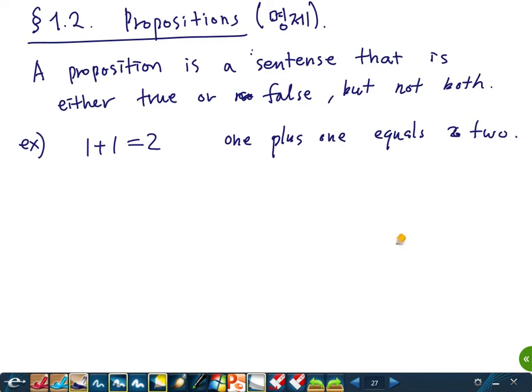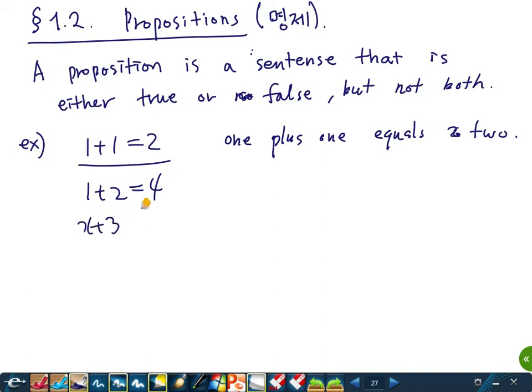It is a sentence like this, only we wrote this in a simple way. So it is a sentence, and it is either true or false. It's true, actually, so it's a proposition which is true. 1 plus 2 equals 4. Is this a proposition? Yes, it's a proposition which is false.